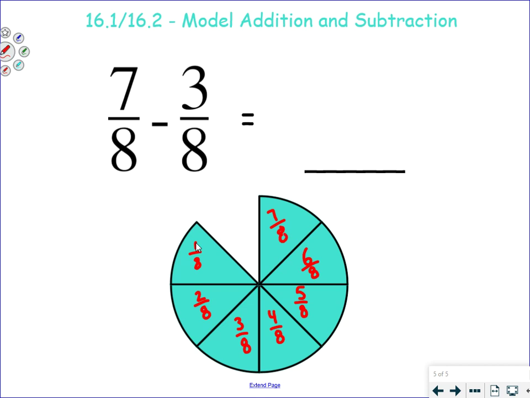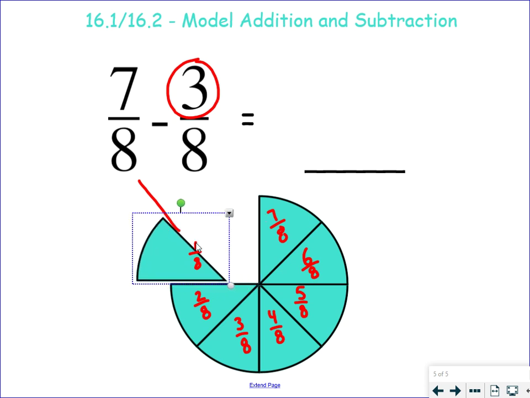We're subtracting 3. So this one's gone.